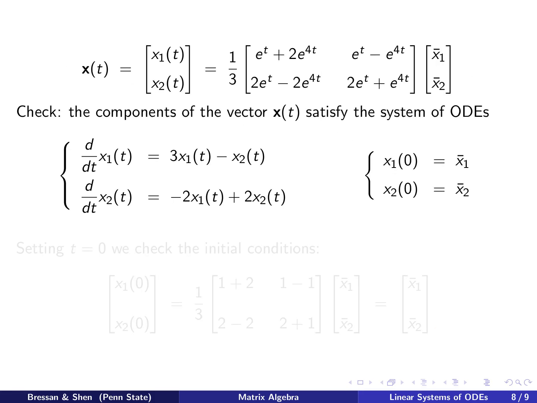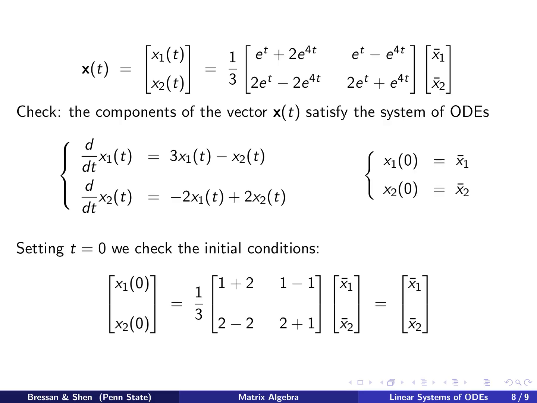Now, just for the sake of verification, let's write out the solution. So the solution is this one, and we want to check that each component, the x1 and the x2, would satisfy the system of the ODEs, which is this is the ODE and this is the initial condition.